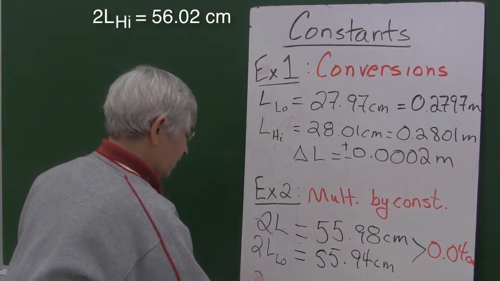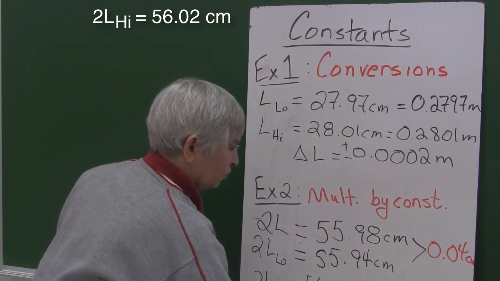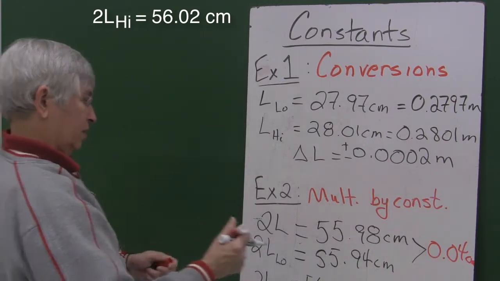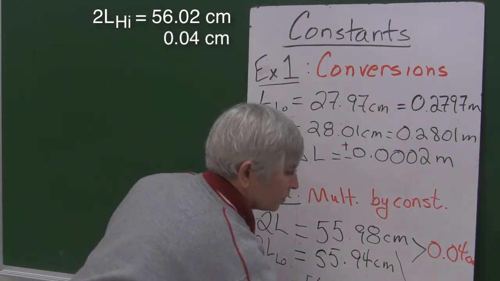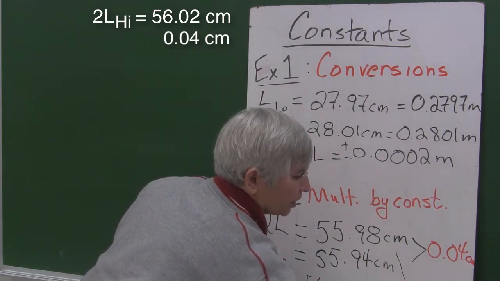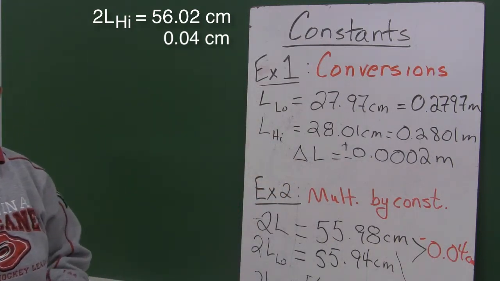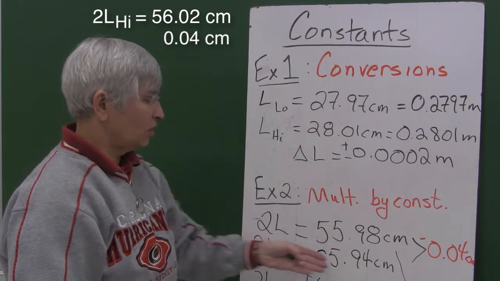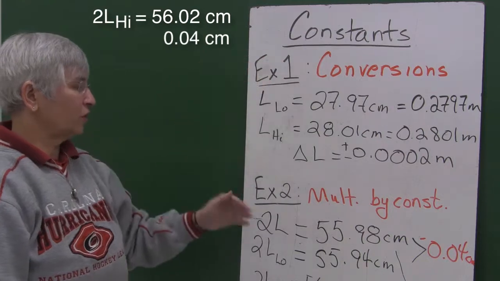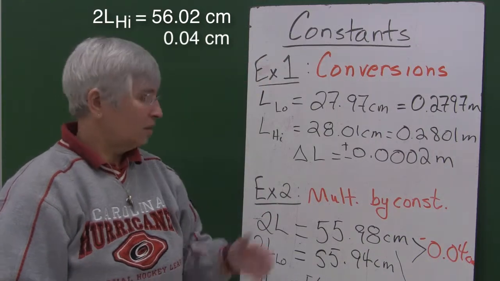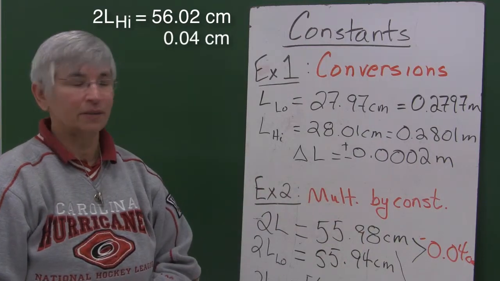And if I did the high value, I would get 56.02 centimeters, a difference of 0.04 centimeters as well. One is high, one is low, and all I did by multiplying my value by 2 was also multiply my uncertainty by 2. So when I'm dealing with constants, whether it's for conversions or multiplying my value in an equation, then I would just multiply my uncertainty by whatever the constant is.